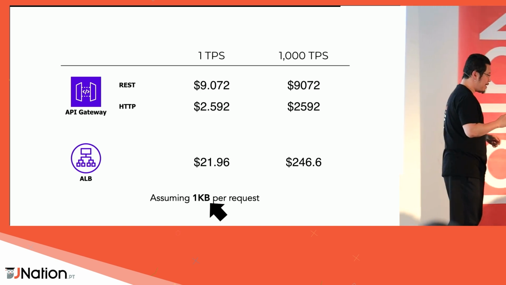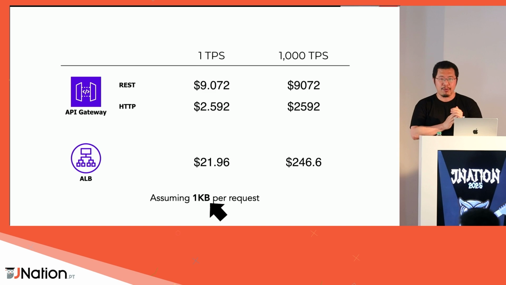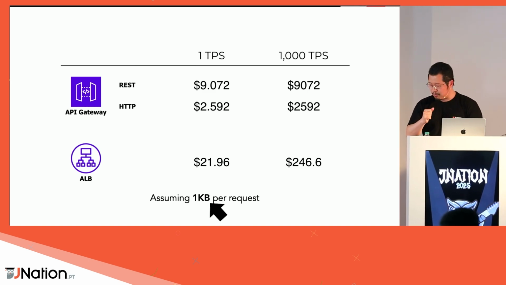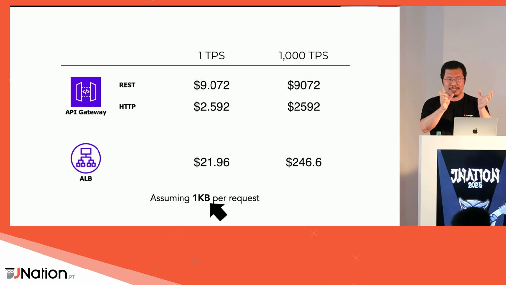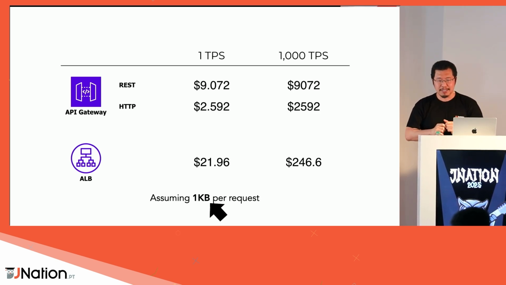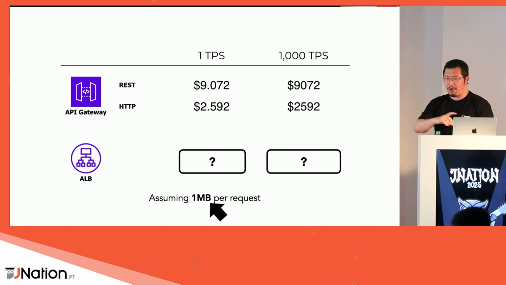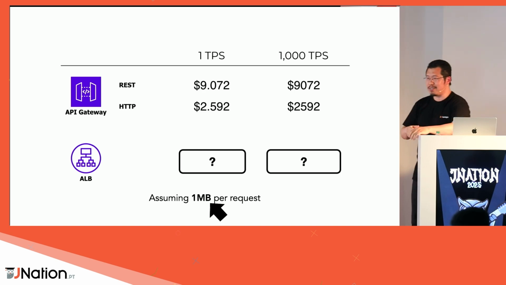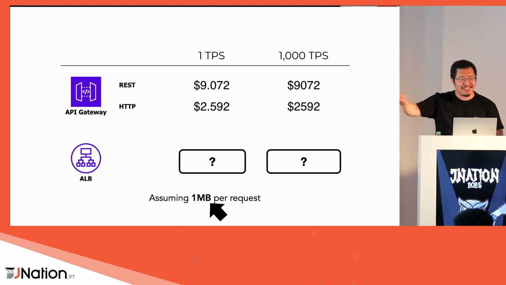One of the cost dimensions you get with ALB is that you are charged for LCU, the load balancer capacity unit, and one of the dimensions is data processed. So what happens if you're loading large payloads for some reason? I don't know what it is you're sending, but if you've got some large amount of payload you're processing and you're averaging 1 megabyte per request, what do you think those numbers look like?